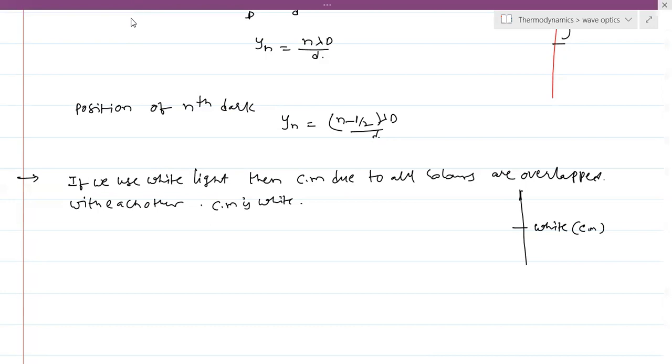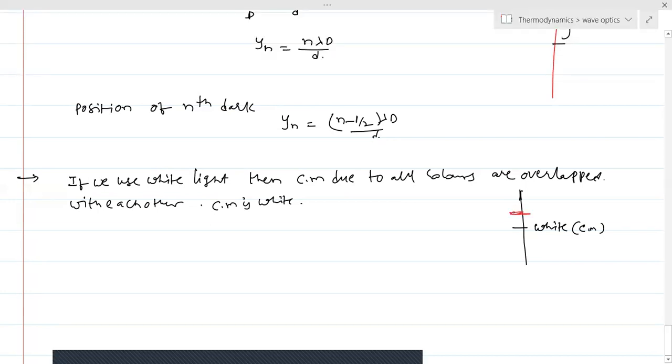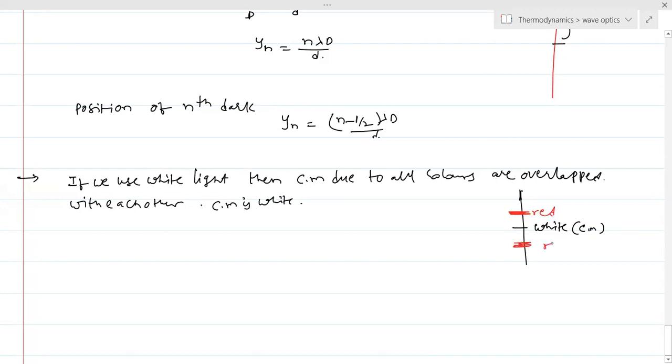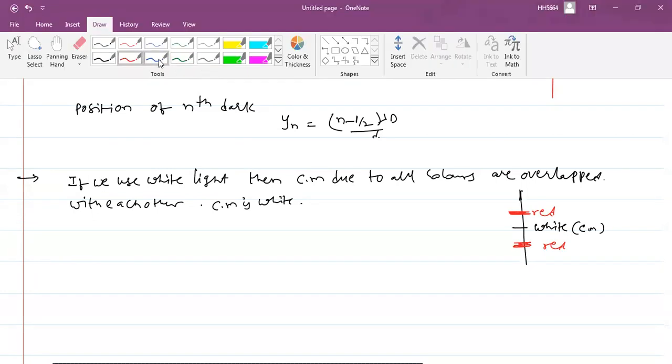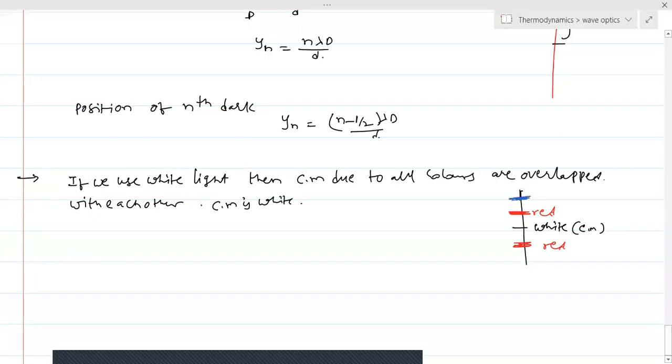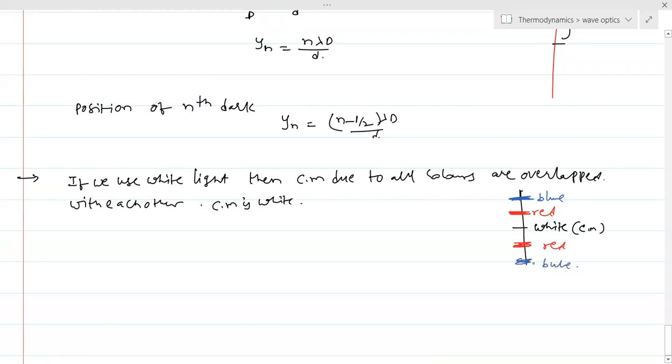Adjacent to this we have red color, and at the end we have blue color. So this is the general discussion.